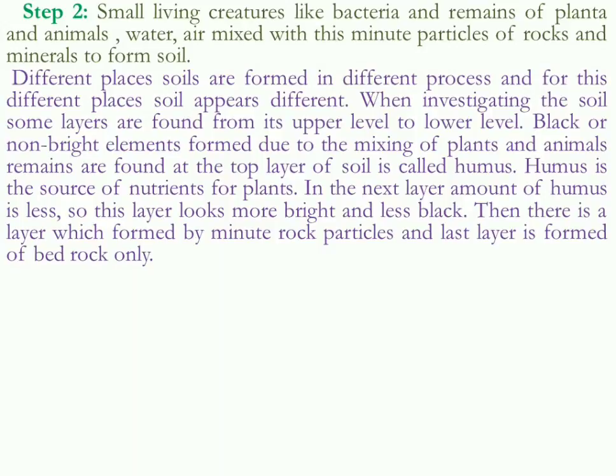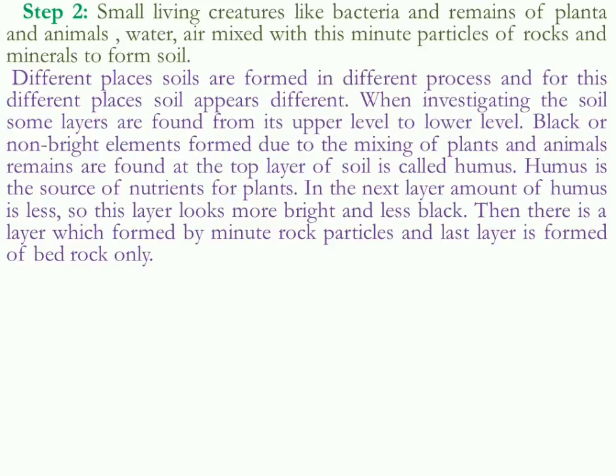But if we go below that layer, these non-bright or black elements decrease and the color of the soil looks brighter. Then there is a layer formed by minute rock particles.